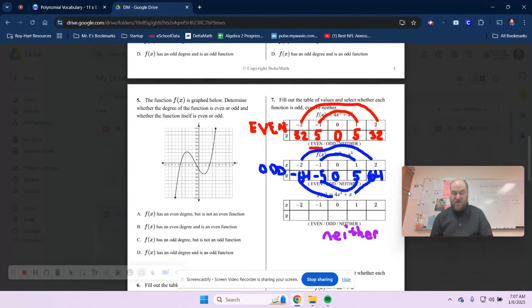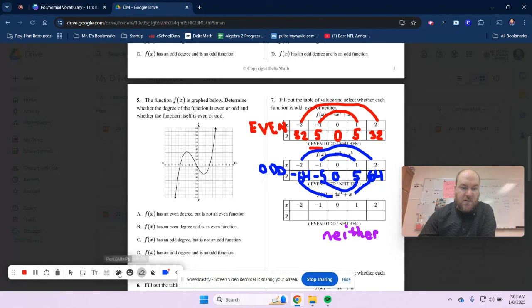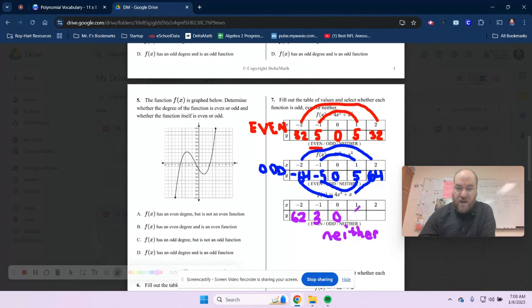I already know the answer is neither, which means that neither of those things are true. Okay. 4x to the 4th plus x. And my values here are 62, 3, 0, 5, and 66.